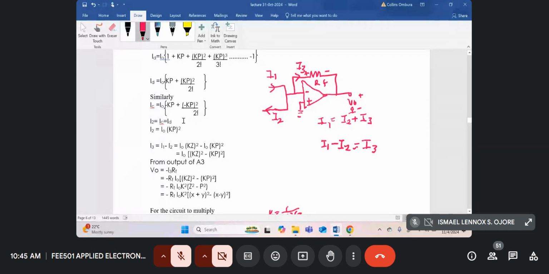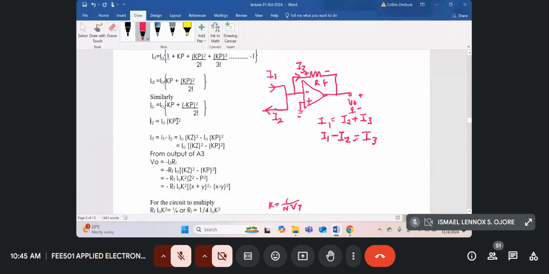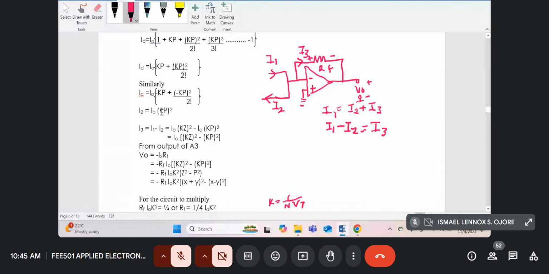So I think there's a typing error here also. Let's remove this. So we found out what we wanted.